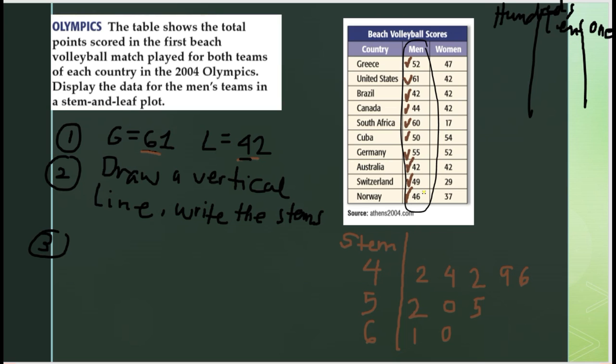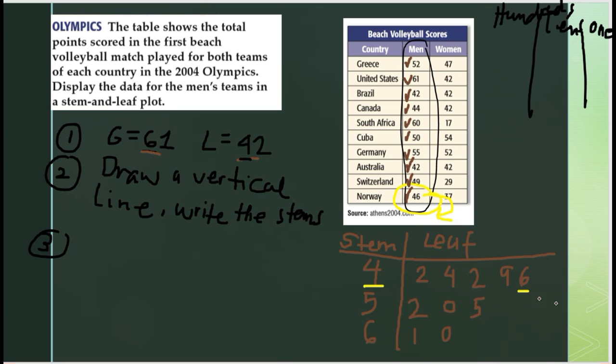For example, I'll go back so that maybe you got confused how I did this. For example, Norway 46. What I did, the 4 means the tens digit and the 6 here is the data for Norway. So each digit in the leaf part means our digit in the ones place, or the lowest place value.